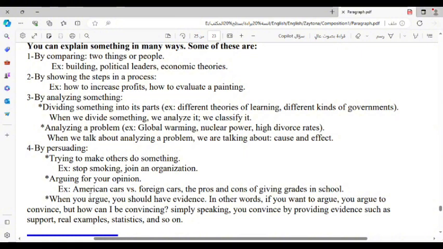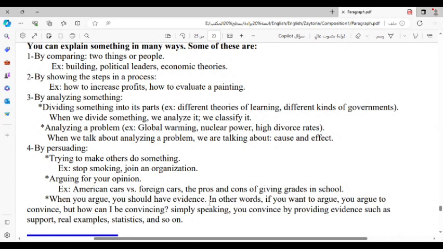You need to convince us by your opinion. For example, you are going to tell us that American cars are better, for example, than maybe German cars. Okay, so this is just to show us that your opinion is correct.